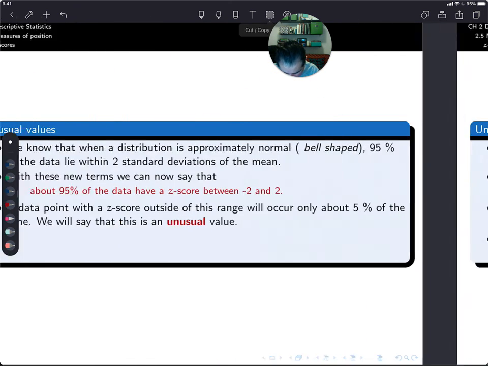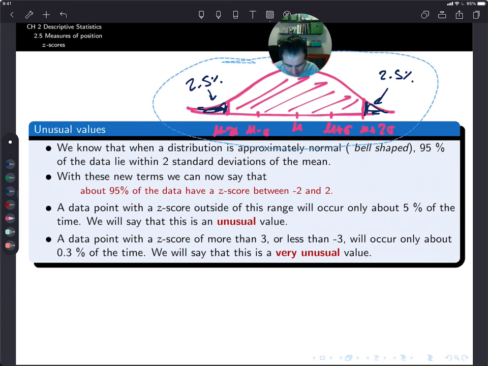We're going to use this to define an unusual value. Someone outside of 2 standard deviations, adding both tails together, will only happen about 5% of the time. So if you have a value whose z-score is more than 2 on either side, we call that an unusual value.